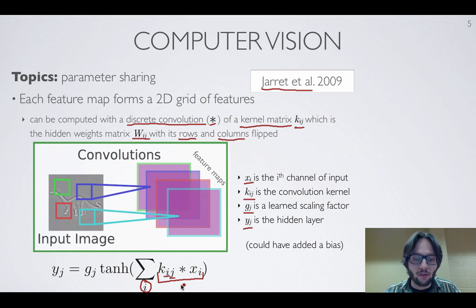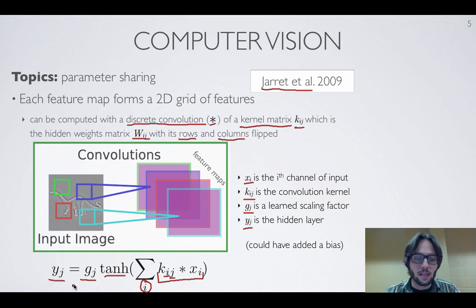So we compute the pre-activations coming from each input channel, then we sum all the pre-activations. Then you apply some nonlinearity. In their paper, they chose tanh, but we could have used something else. And they also decided to introduce this Gj learned factor, which, for convolutional neural networks in general, is not something that's necessary, but that's something they decided to introduce.